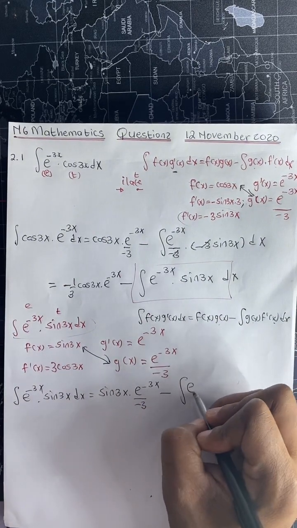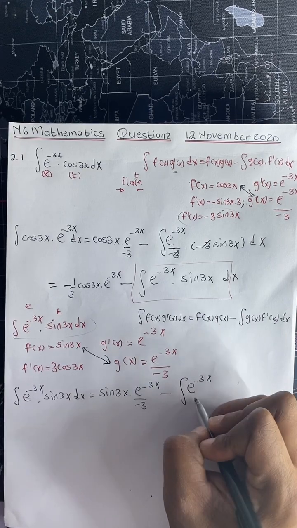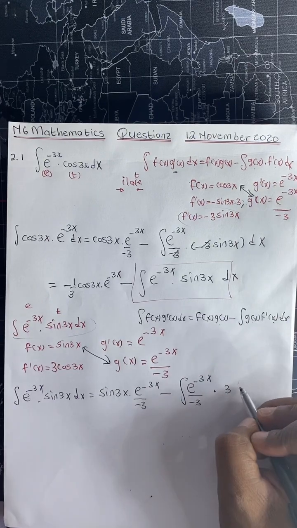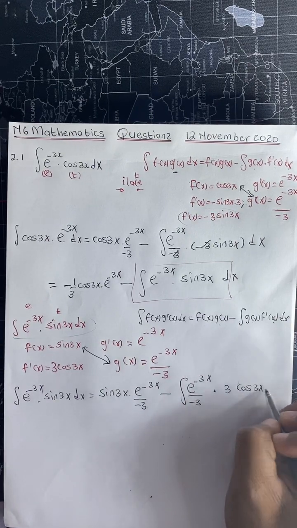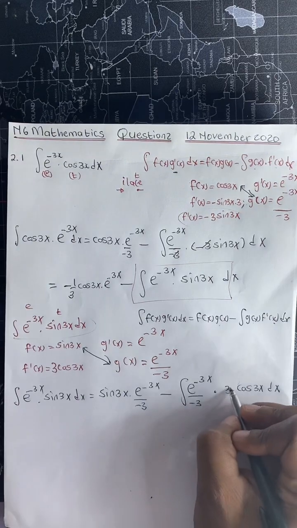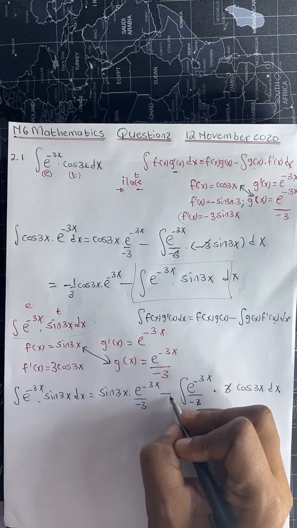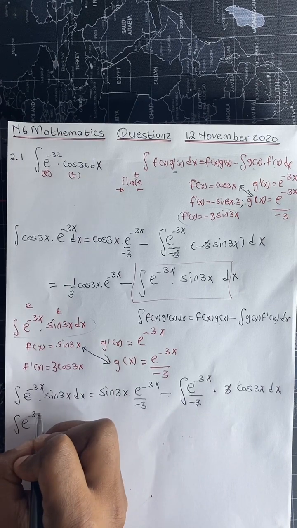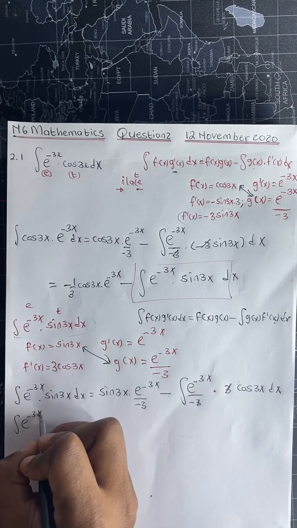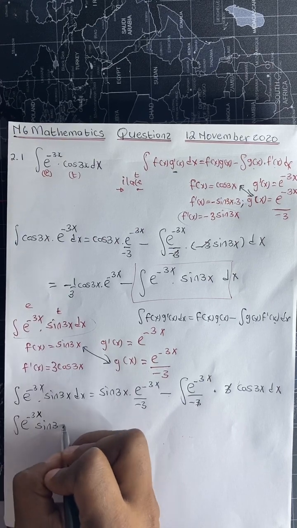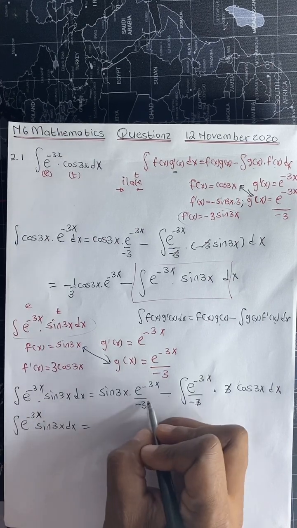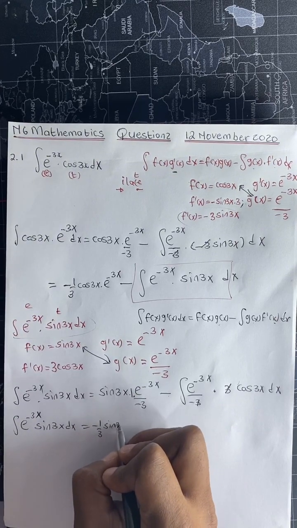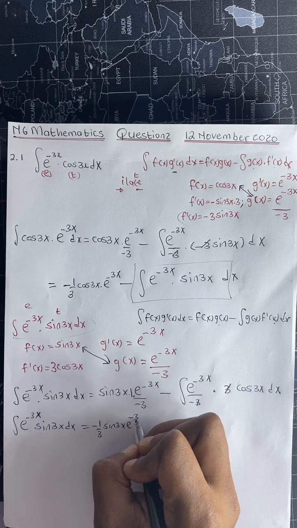So g of x is e to the power negative 3x over negative 3, and f prime of x is 3 cos 3x dx. That 3 will cancel out with that 3, and the negatives will cancel out each other. So the integral of e to the power negative 3x sin 3x dx will be equal to negative 1 over 3 sin 3x e to the power negative 3x.